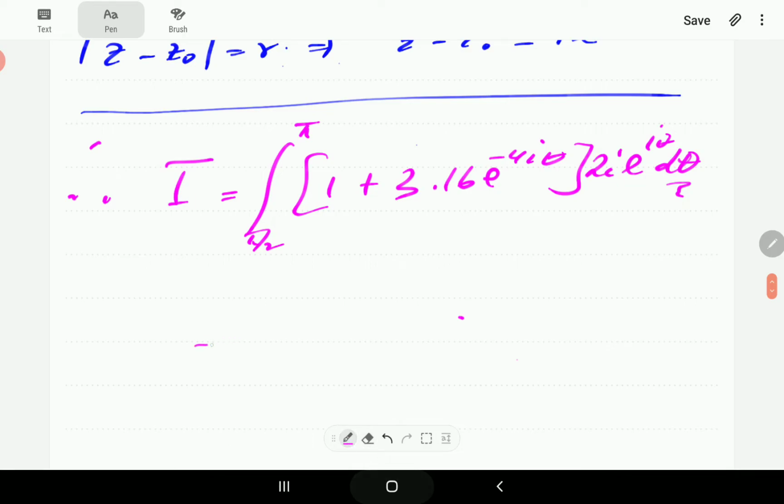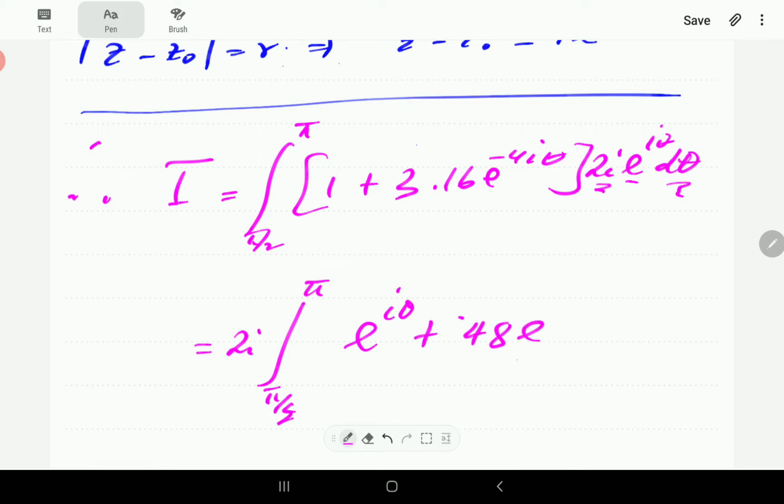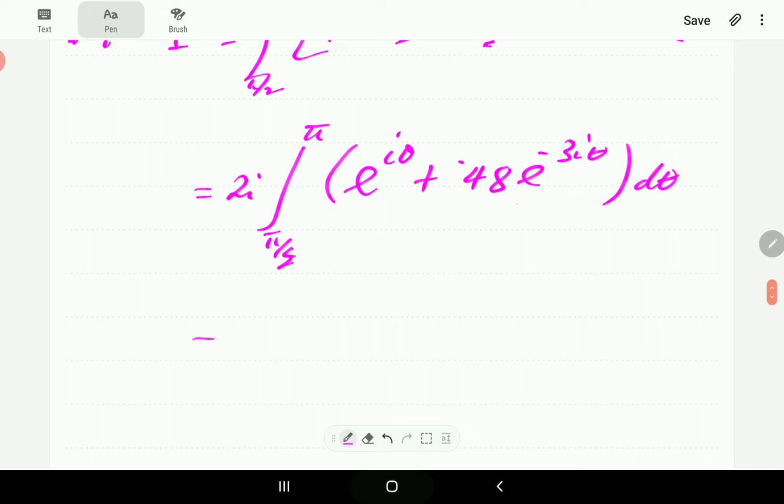So what remains is just the process of integrating from pi on 2 to pi. I've already factored out the 2i. Multiplying through, we have e to the i theta times 1, and then 48 e to the minus 3i theta, d theta. Then we just integrate as usual.